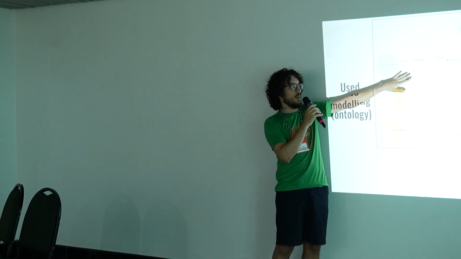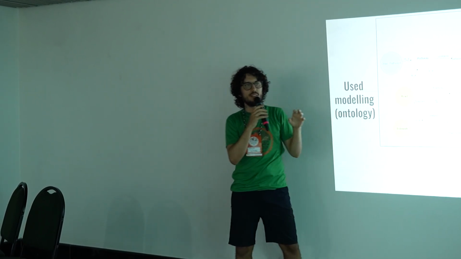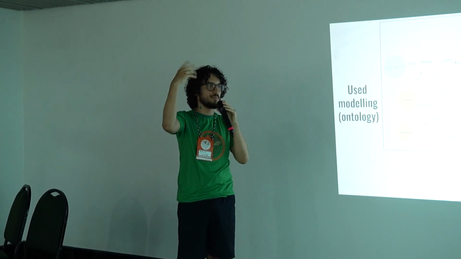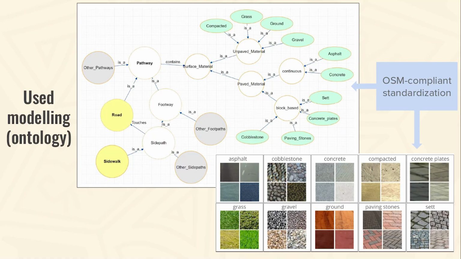It all starts with pathways, which is, I forgot the word, the opposite of concrete, an abstract class. It can be derived into footways and side paths, and in the end we get roads and sidewalks with their topological relations.